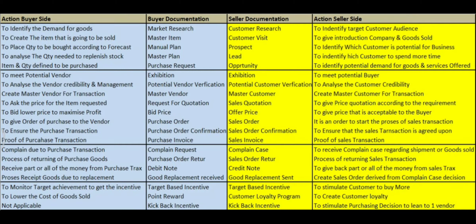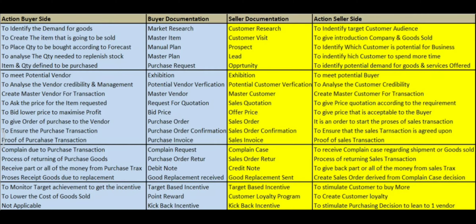Okay, after that, from the purchase request, you convert it to a request for quotation. Of course, this request for quotation is asking for the offer price, which the supplier has to give upon asking.